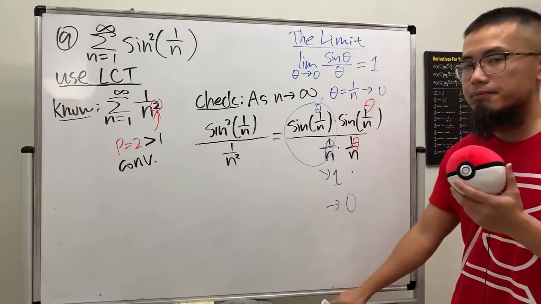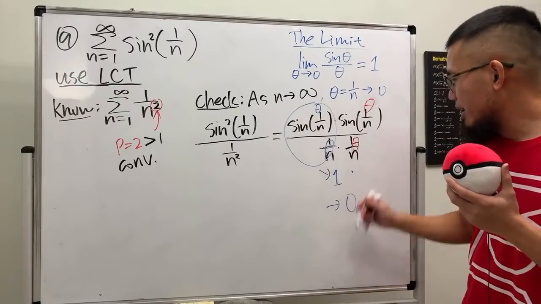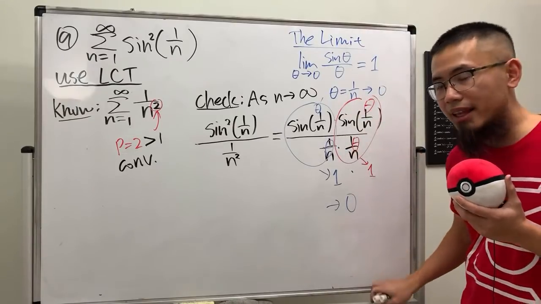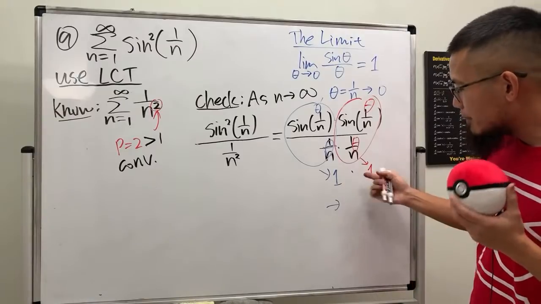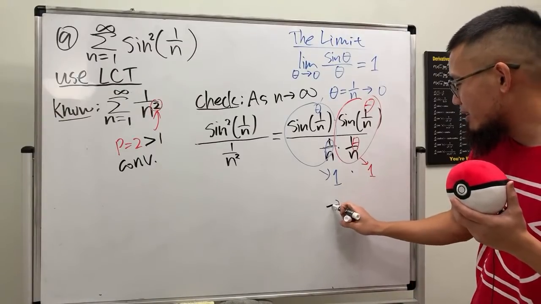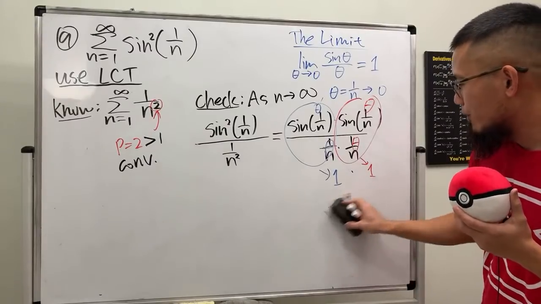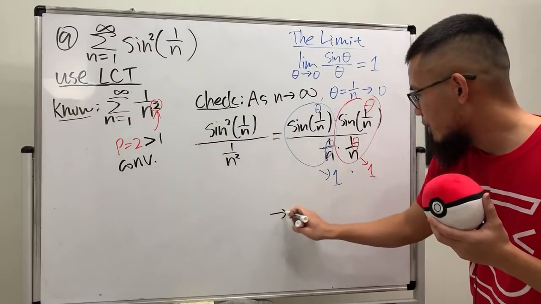Am I right? Yes, of course. So, for this part, it will also approach 1. And finally, 1 times 1, of course, is just going to be approaching 1. Right? So this right here will give us 1.